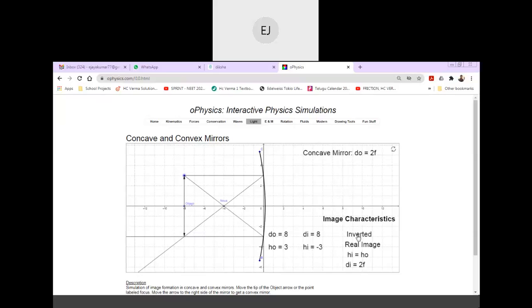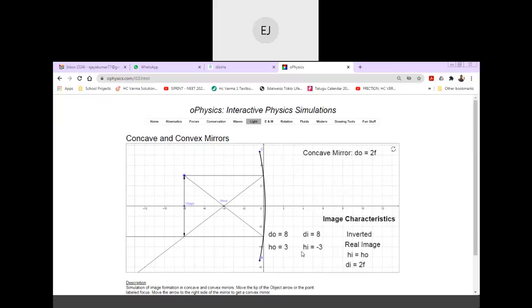These numbers are not using the sign convention. HI is equal to minus 3. They have not used the sign convention, because from the pole, if you go to the left side, you have to take minus. In class 10, we will be using the sign convention.